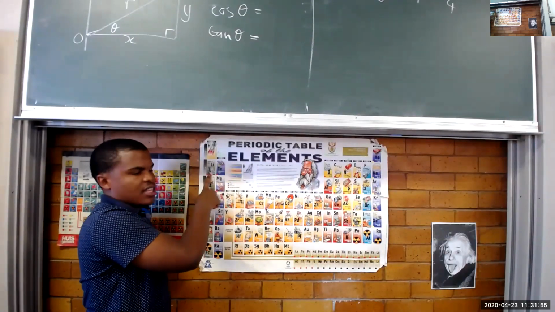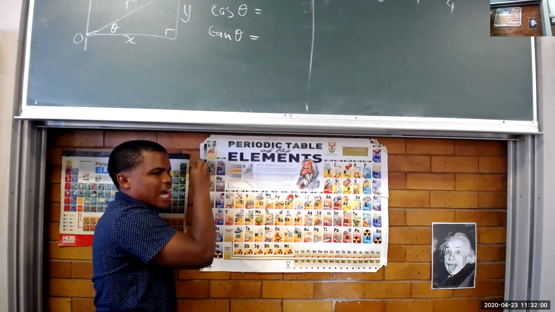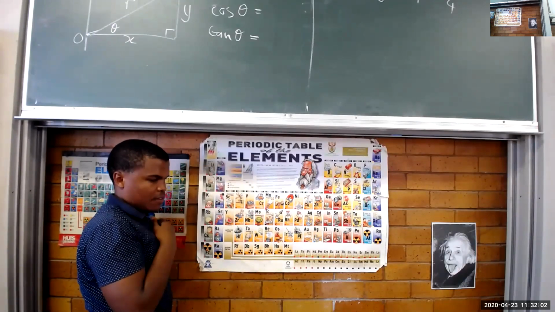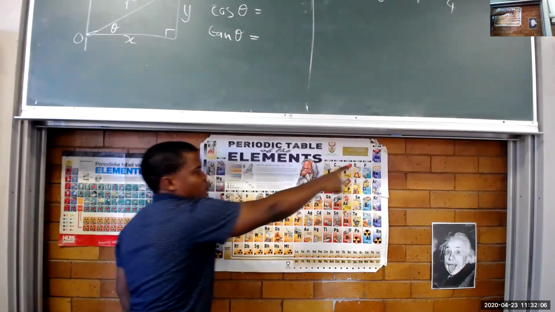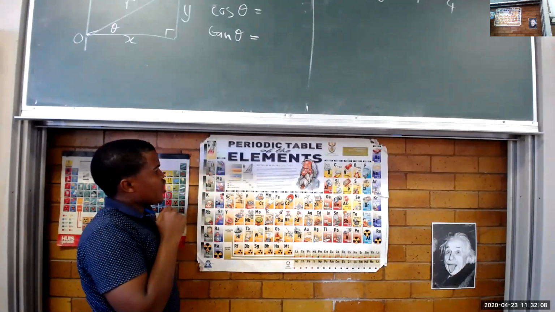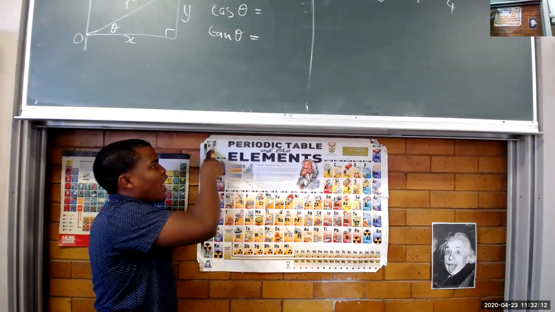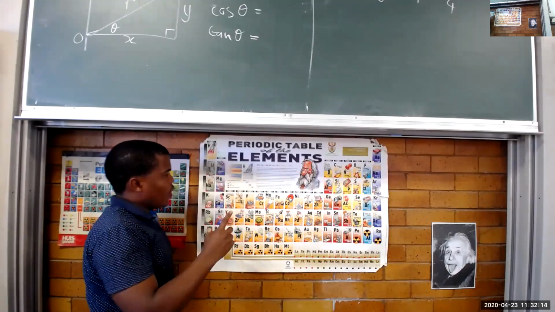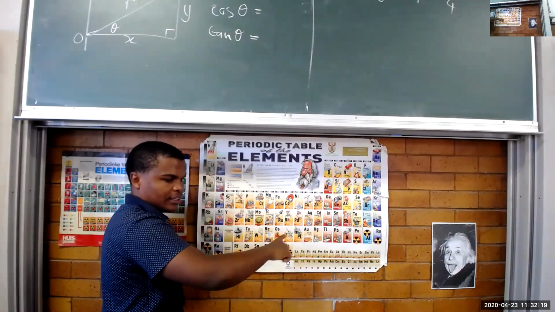All the atoms of lithium, all the atoms of beryllium are the same. However, the atoms of hydrogen are not the same as the atoms of helium. The atoms of lithium are not the same as the atoms of hydrogen, particularly because these are different elements that have different chemical properties.